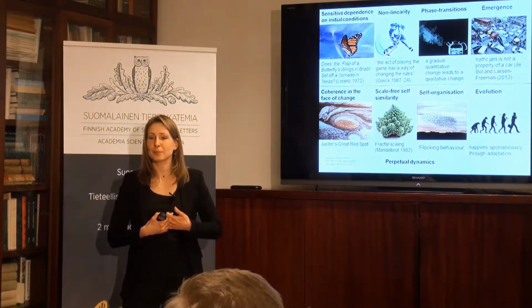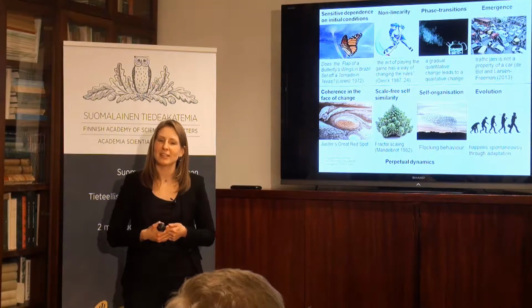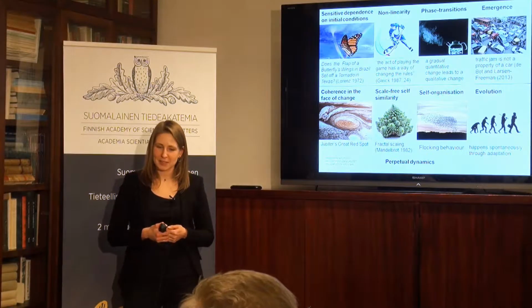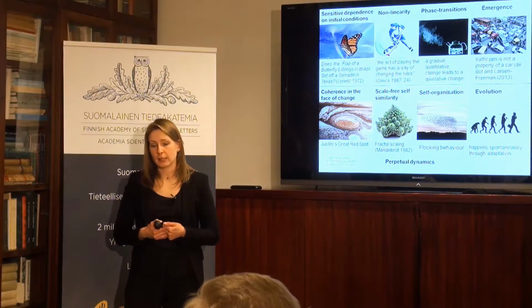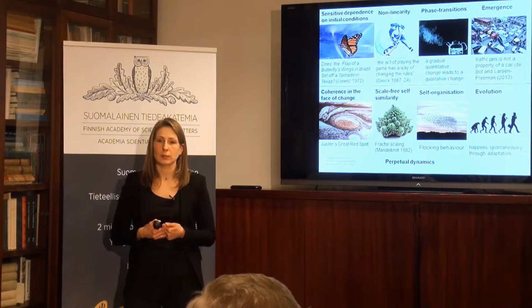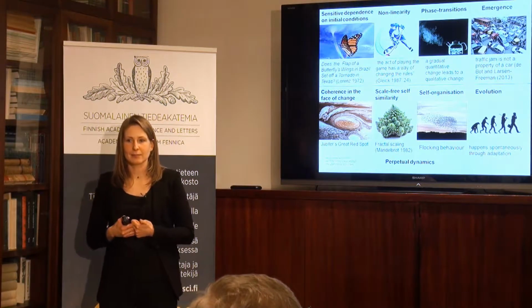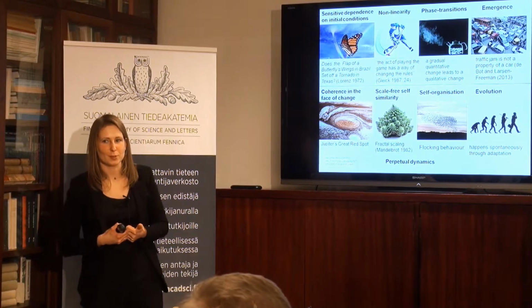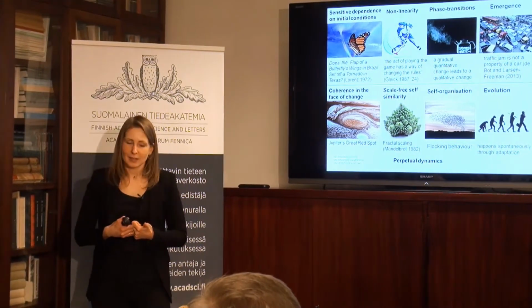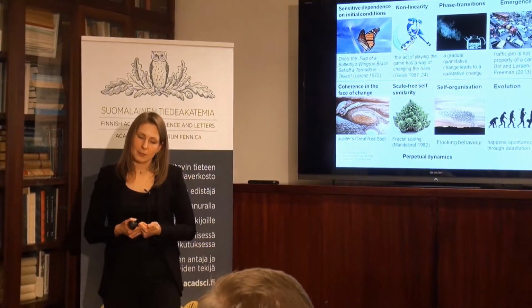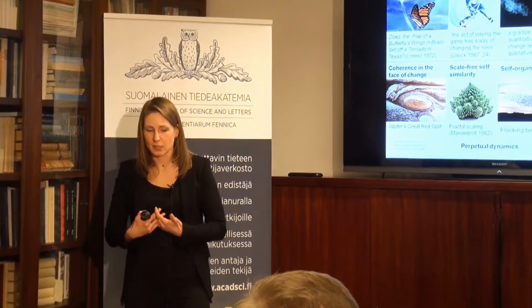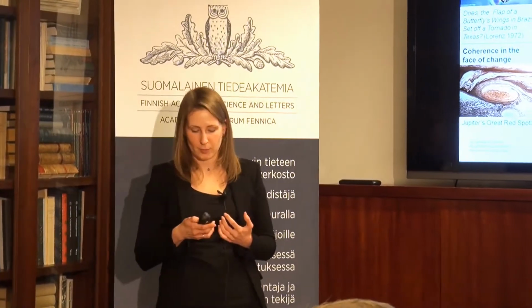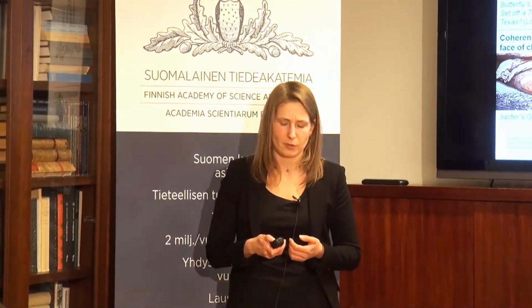Very briefly, these are the properties of complex systems that are often mentioned in relation to modeling, and these are at least the properties that are mentioned in linguistics. And again, your feedback is very much welcome as to how other complex systems in other sciences exhibit these kinds of properties or not, or whether there are any other properties.